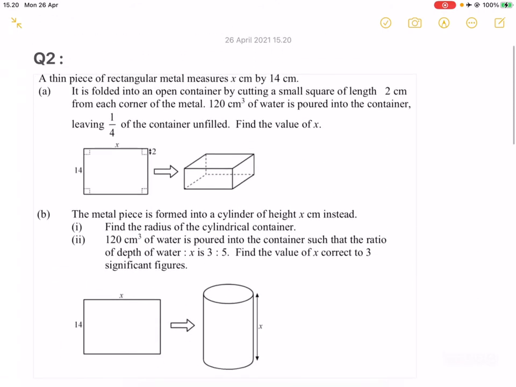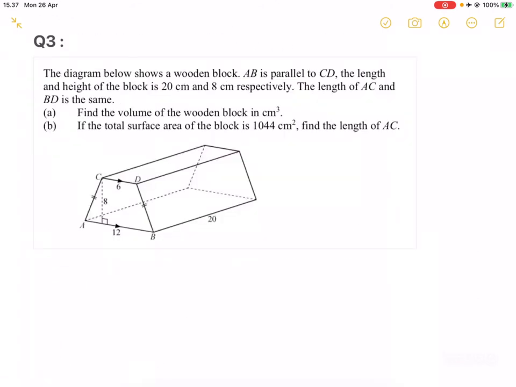Alright, so that's done for question 2. Let's jump into question 3. Question 3 is a very standard find the volume question. The diagram below shows a wooden block. AB is parallel to CD. The length and height of the block are 20 centimeters and 8 centimeters, respectively.